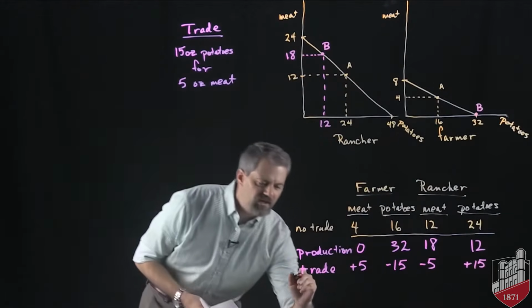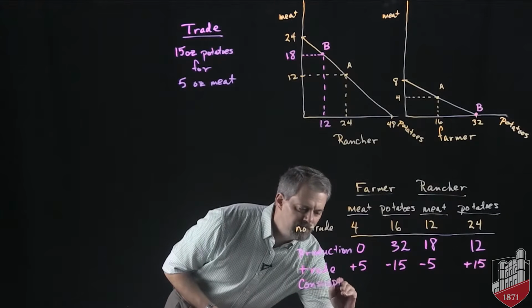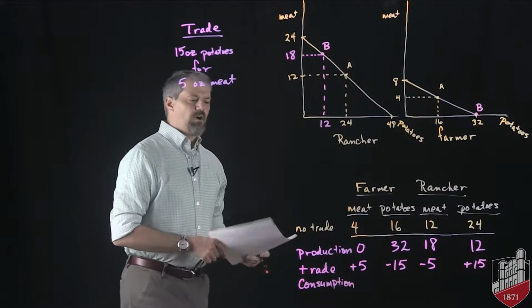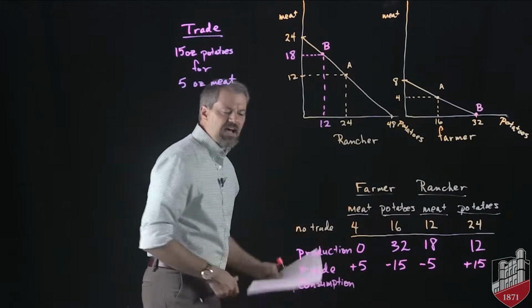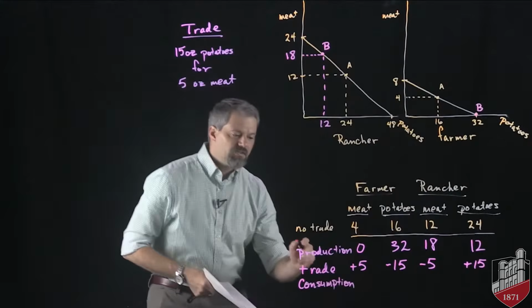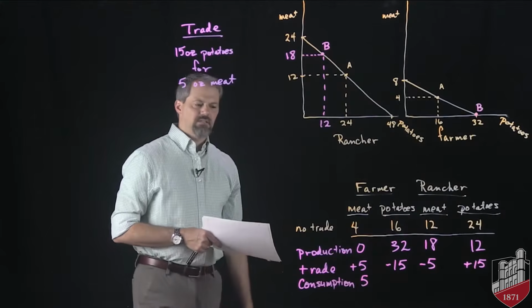Now let's think about how that trade leaves them at the end of the day. Let's think about their consumption point. Our farmer produces 0 ounces of meat, but gets 5 ounces of meat in the trade. So at the end of the day, the farmer has 5 ounces of meat.